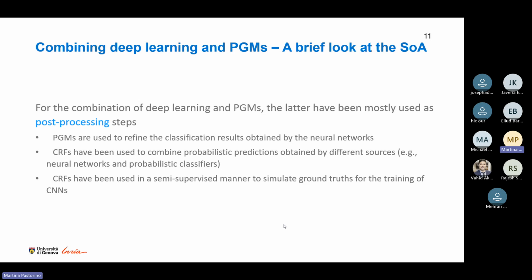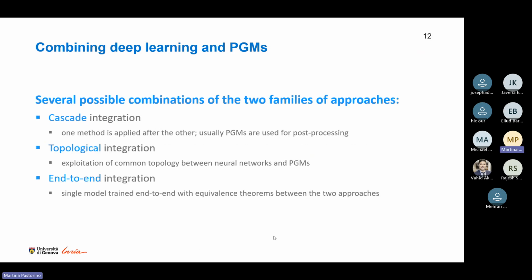For example, we have predictions by neural networks and then by probabilistic classifiers, and the CRF can be used to combine these different models' output. And they have also been used in pre-processing in a semi-supervised manner to simulate ground truth for the training of CNNs. But actually, we can have several possible combinations of these two families of approaches.